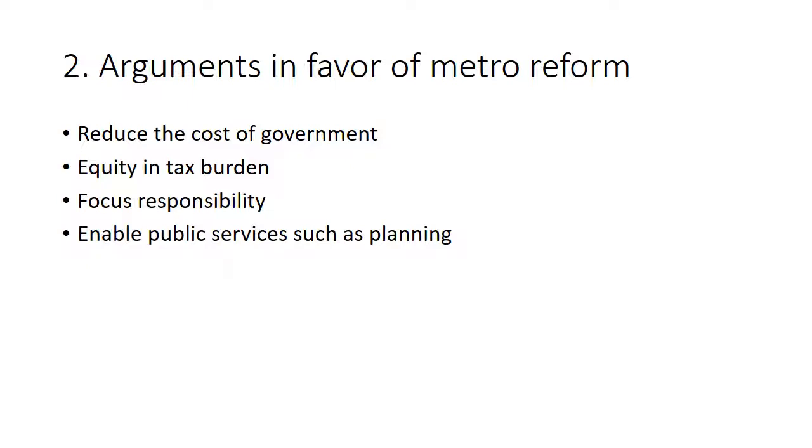The argument always is, if you have metropolitan problems, that is some problem like crime or transportation or pollution that crosses geographical boundaries, that goes beyond, say, the city limits of the city of Chicago, then you need metro reform in order to solve the problem. That's essentially the argument.